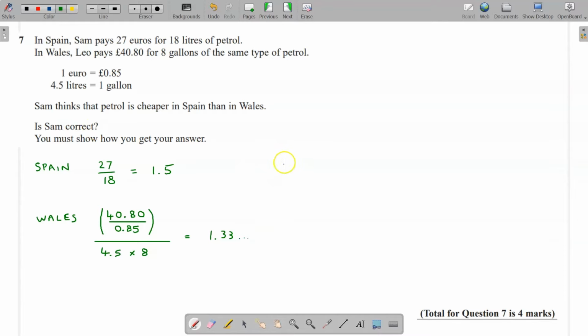So we need to finish by stating clearly that Sam is wrong. If you don't do the comparison at the end, you won't get all the marks. So Sam is wrong.